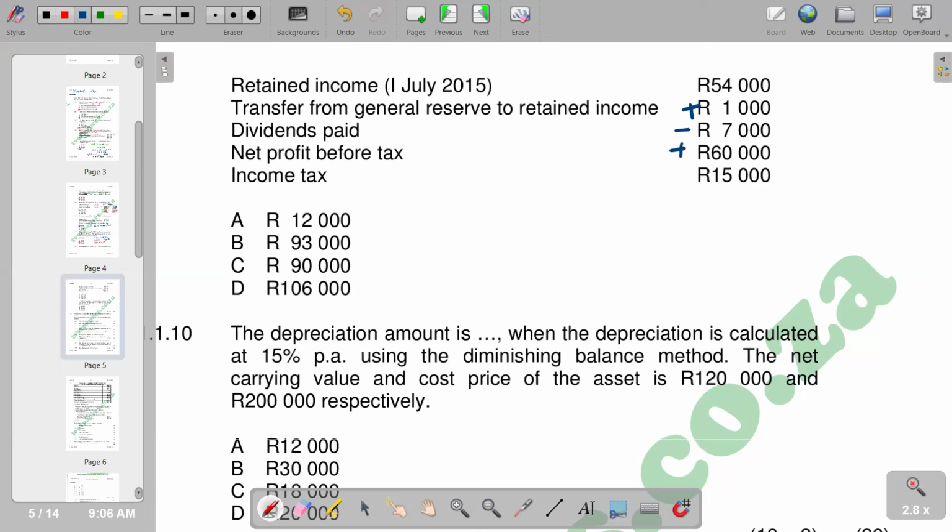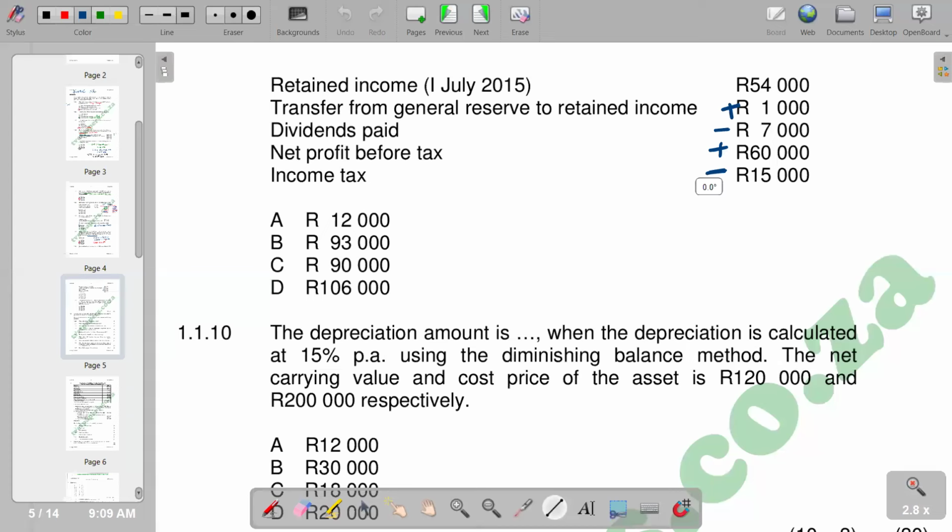And of course, we have tax, it's not yet subtracted, so we need to subtract it. So basically, this is what we have on this part. If you calculate it, you see that you're going to get your answer, 93,000 rands. So we have 93 on B.